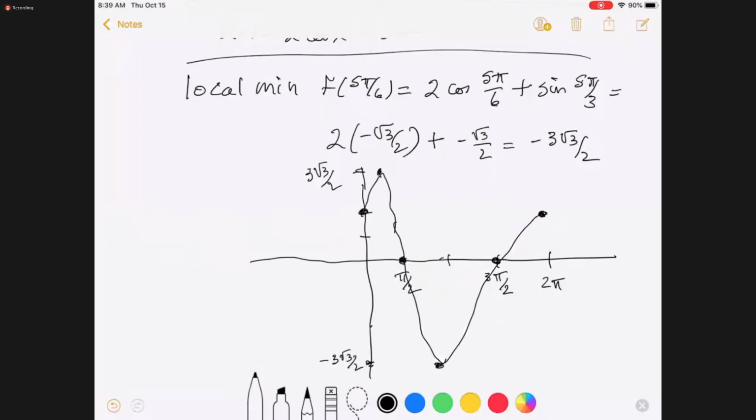I don't have any of the concavity included in this. But that's what you get out of the first derivative, and we have the crude shape. Okay, any questions so far?